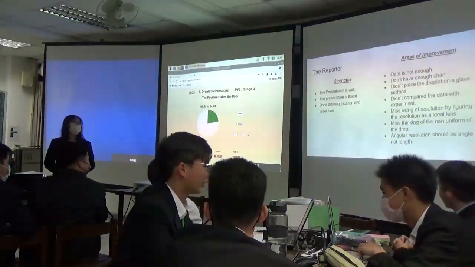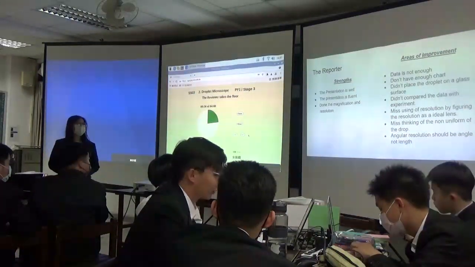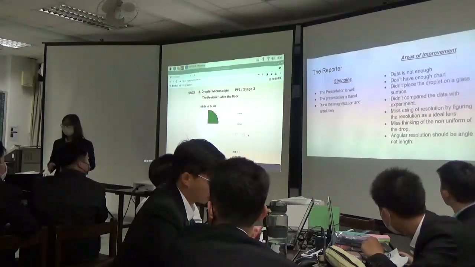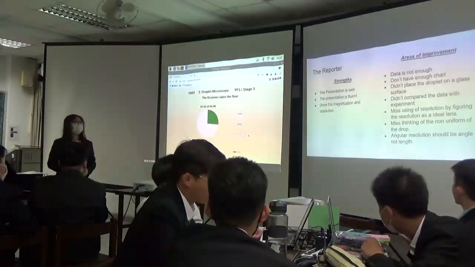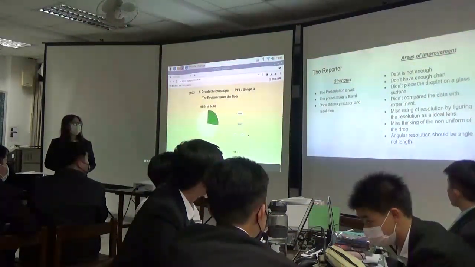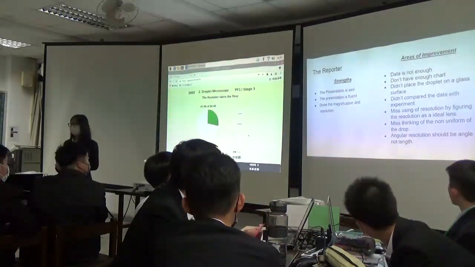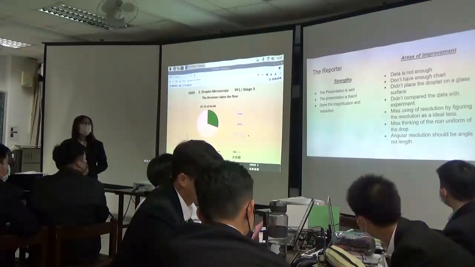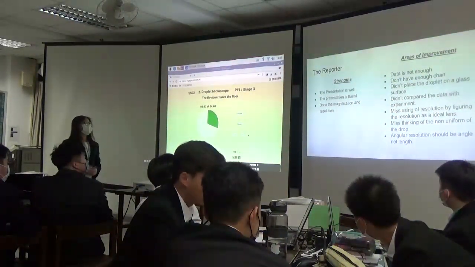For the areas of improvement, first, the data is not enough, and second, they don't have enough charts, so they only used words to express. And they did not place the droplet on a glass. I mean, they did at first, but they did not observe any data from this. And actually, this is what the question wants.